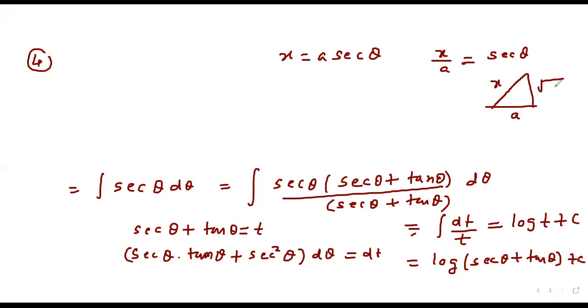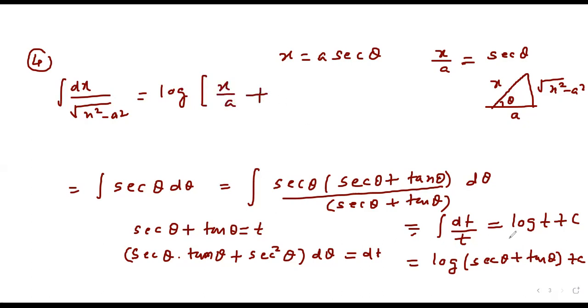So this would be equal to root of x square minus a square, and this angle is theta. So what do we get? We get integration dx upon root of x square minus a square equal to log of sec theta. Sec theta will be the same, x upon a, plus tan theta. Tan theta will become root of x square minus a square upon a, plus c.